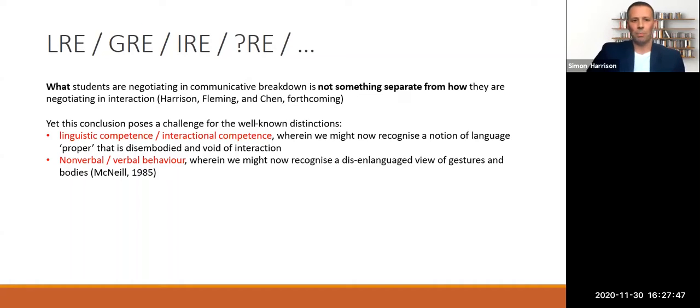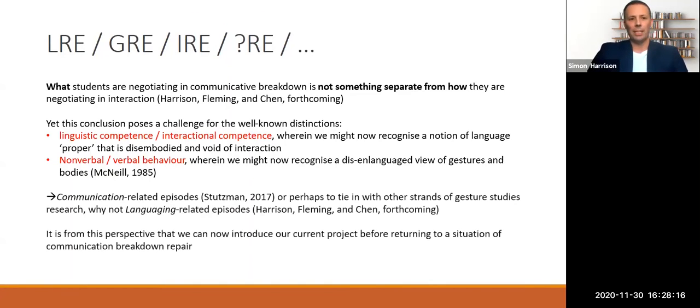And if you look back to McNeill's paper in 1985, he already begins to question these distinctions between verbal and non-verbal behavior, and yet we still find them in lots of different strands of research where they can play a useful role as an analytical tool. But when we see the way that these different material resources, including the bodies, the environment, and different elements, begin to mutually elaborate and intertwine with each other, distinctions like this become more problematic.